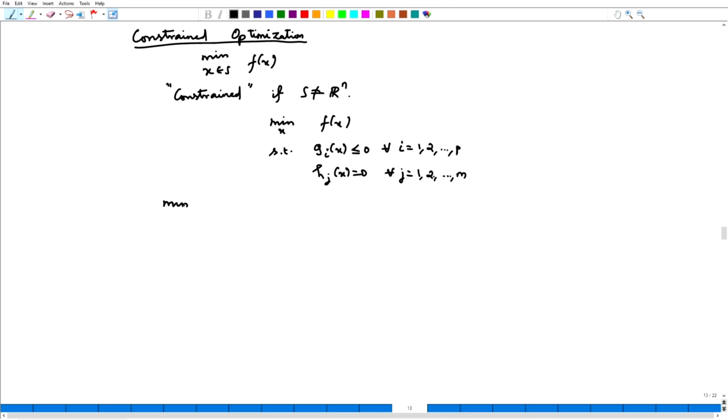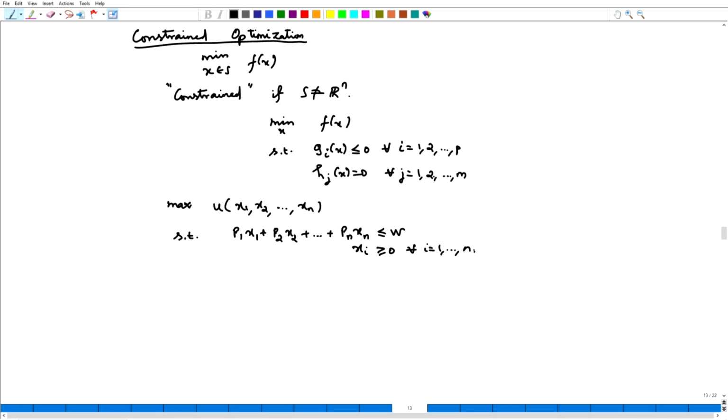It is actually a maximization problem, so I will write it as max u of x1, x2, ..., xn subject to the condition that p1 x1 plus p2 x2 plus ... plus pn xn less than or equal to w, and xi greater than or equal to 0 for all i equal to 1 to n.